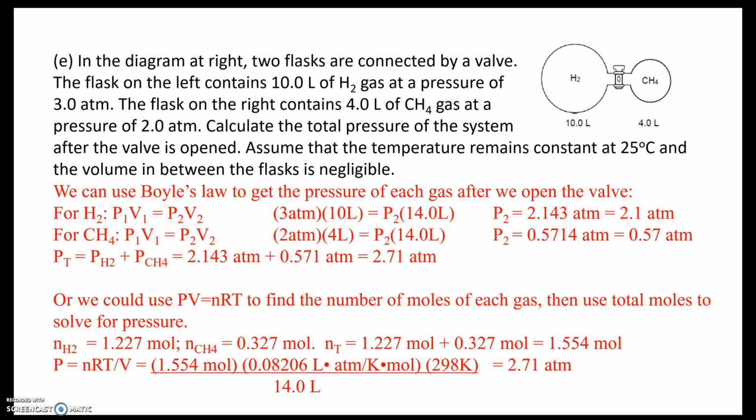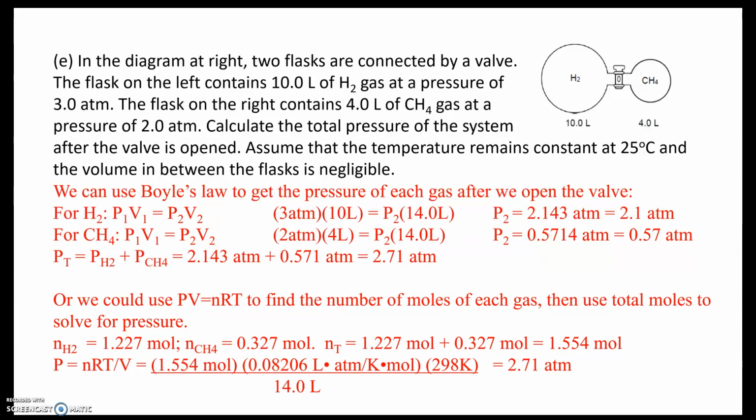Now, there's another way to do this. I could use PV equals nRT to find the number of moles of each gas, and then use the total moles, put it back into PV equals nRT, and solve for pressure. If you get your calculator and do this, you'll see that the number of moles of hydrogen is 1.227. The number of moles of methane is 0.327.